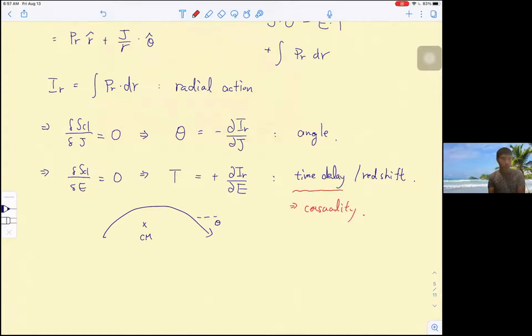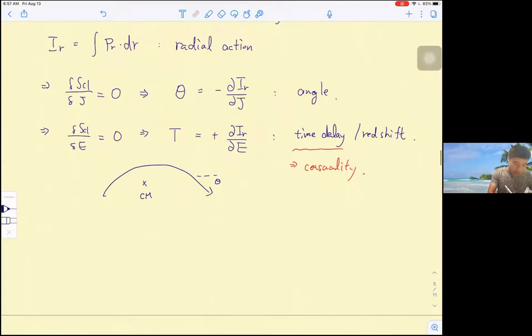Because for a reasonable gravitational theory, this time delay should be positive. If we have something that's time advanced, you can actually create non-causal behavior. So that can also place some constraint on the potential.